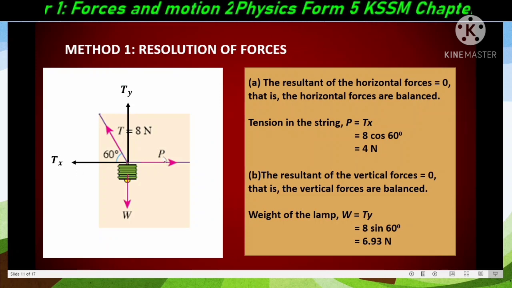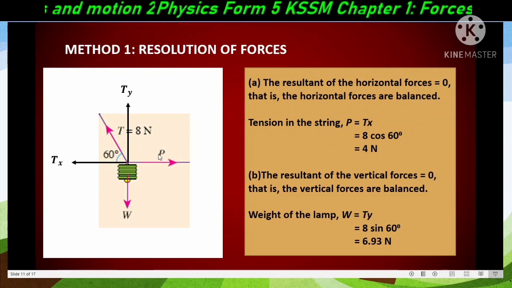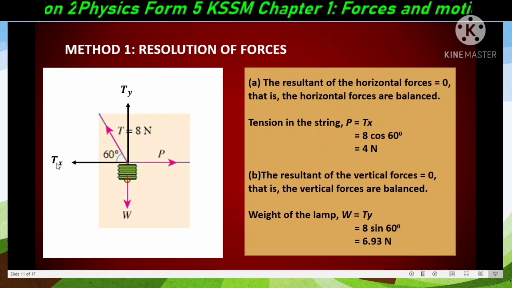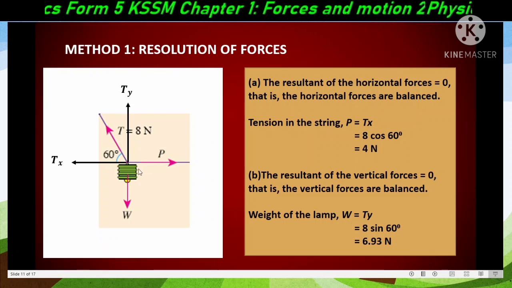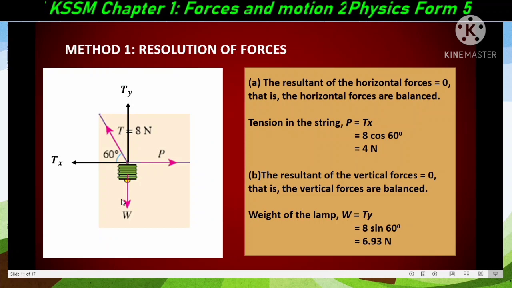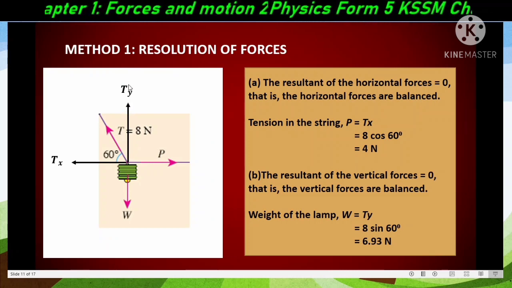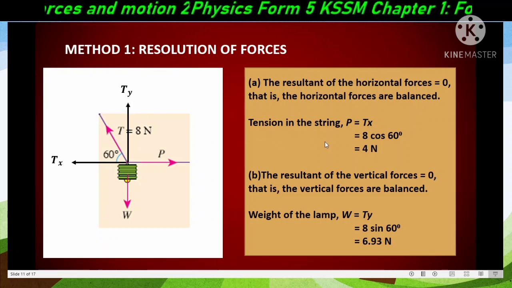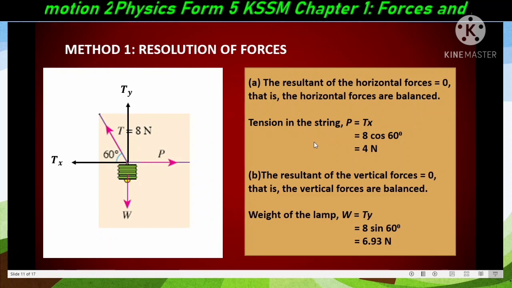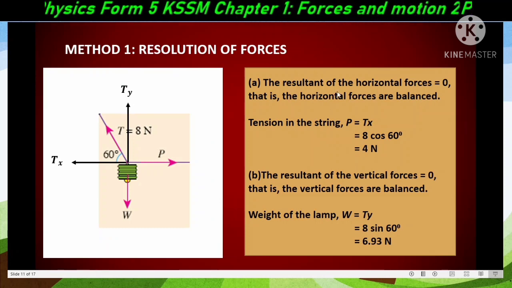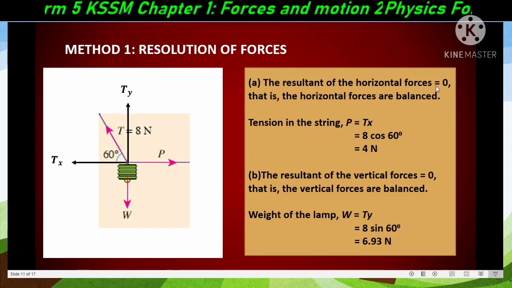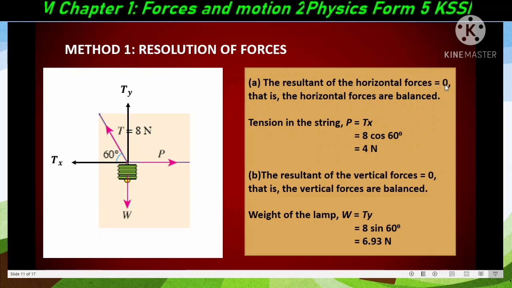Thus, we get tension in the string P equals Tx, and weight of the lamp W equals Ty. So that will answer the question. A, the resultant force of the horizontal forces equals 0.